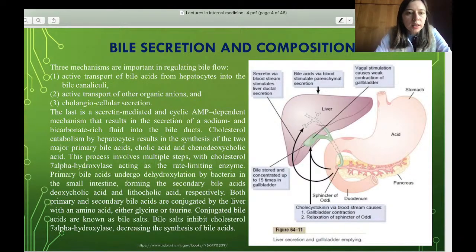Primary bile acids undergo dehydroxylation by bacteria in the small intestine, forming the secondary bile acids, deoxycholic acid and lithocholic acid, respectively. Both primary and secondary bile acids are conjugated by the liver with an amino acid, either glycine or taurine. Conjugated bile acids are known as bile salts. Bile salts inhibit cholesterol 7-alpha hydroxylase, decreasing the synthesis of bile acids.